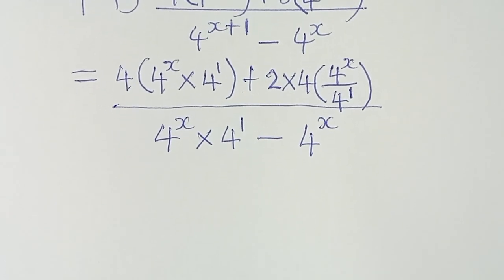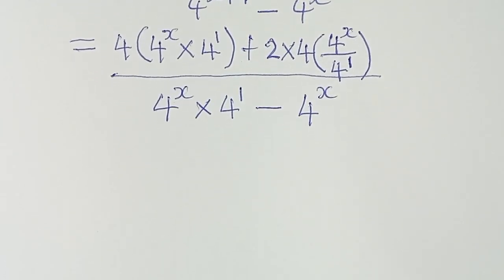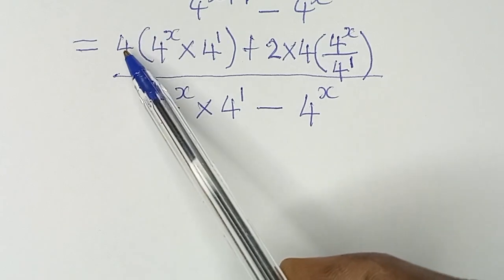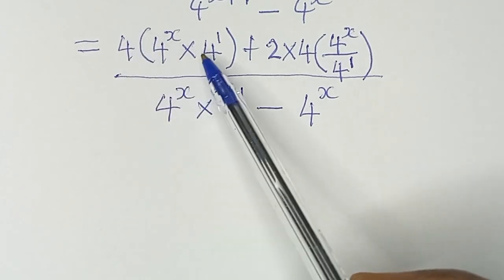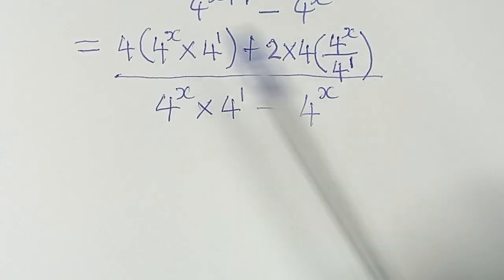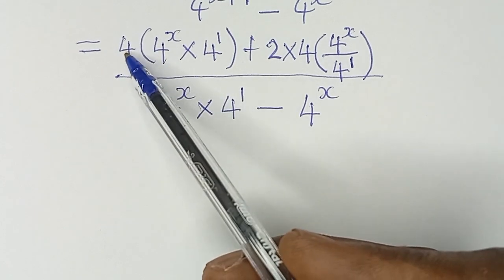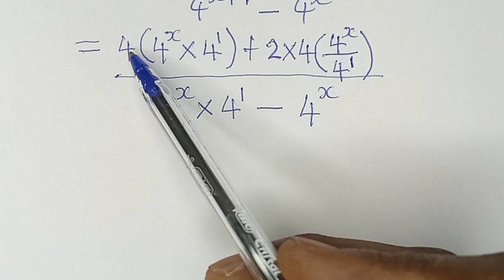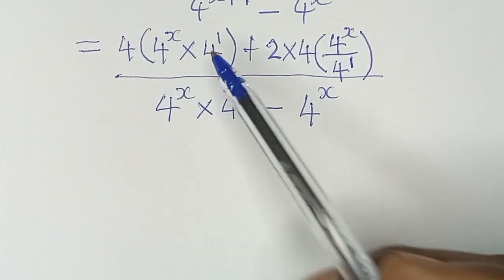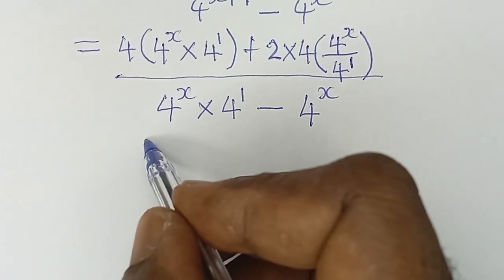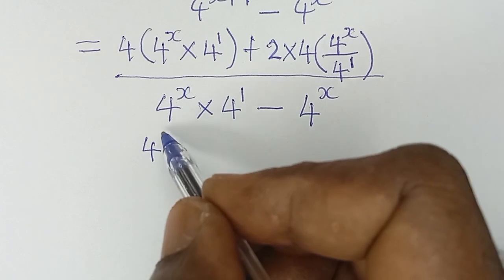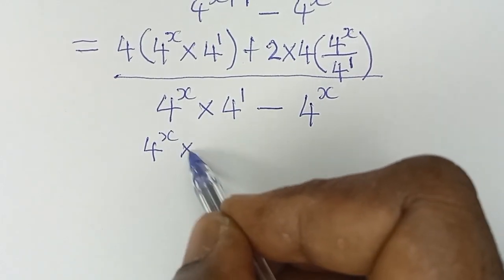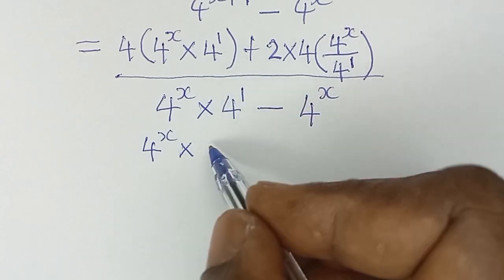Now, the next thing I can do with what I have done so far is to use these values to see how to simplify the values inside the bracket. So this is 4 and this is also 4. So don't forget 4 raised to the power 1 is the same thing as 4. So I can use this 4 to multiply this 4 so that it will give me 4 raised to the power x times 4 times 4 is 16.